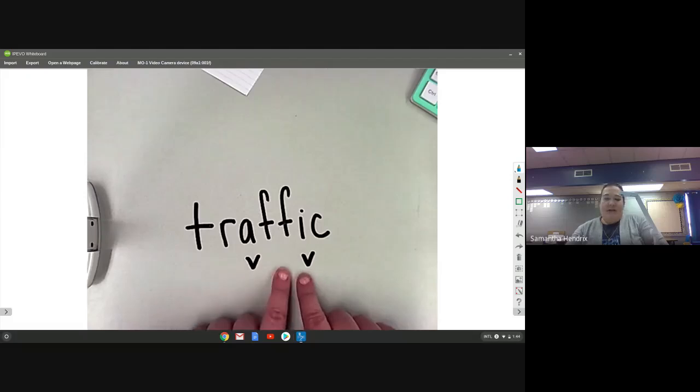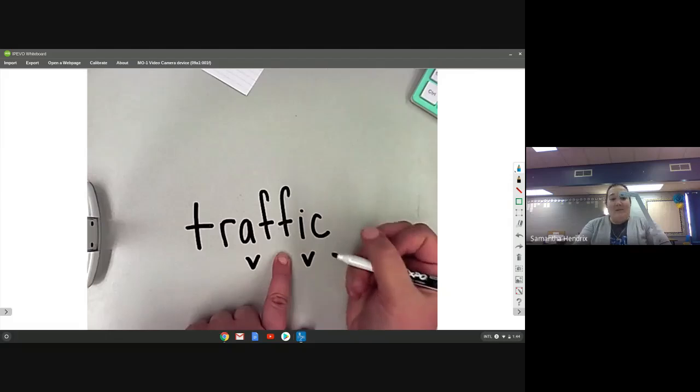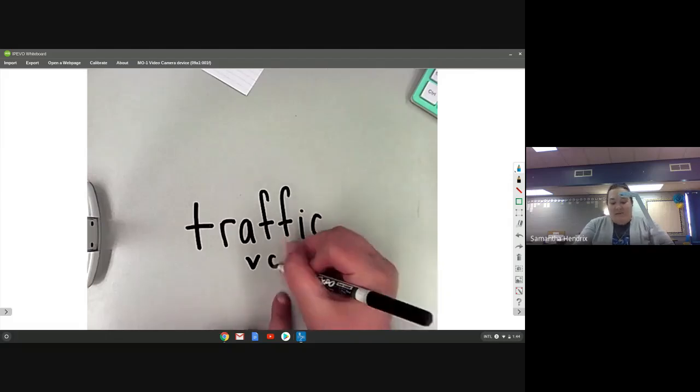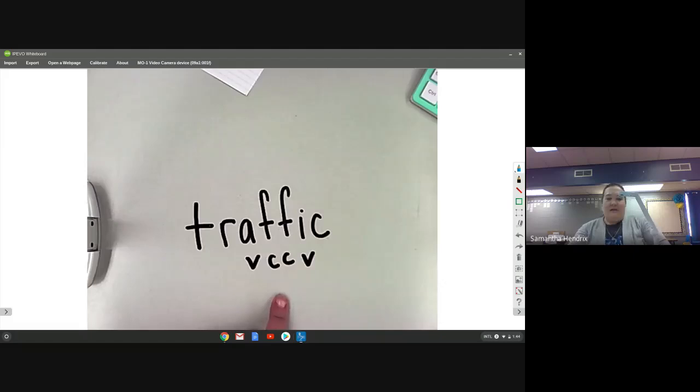What is between the vowels? Are those vowels or consonants, these 2 letters? Those are consonants. So we're going to label them with a C for consonant.